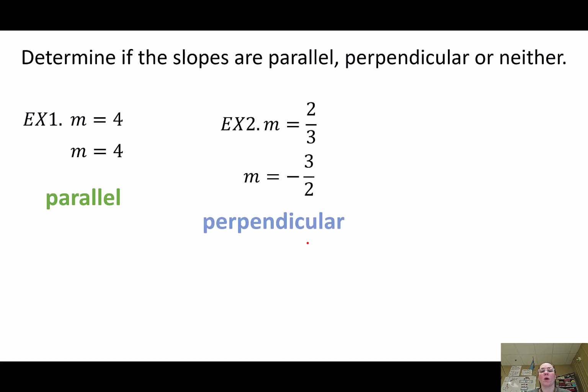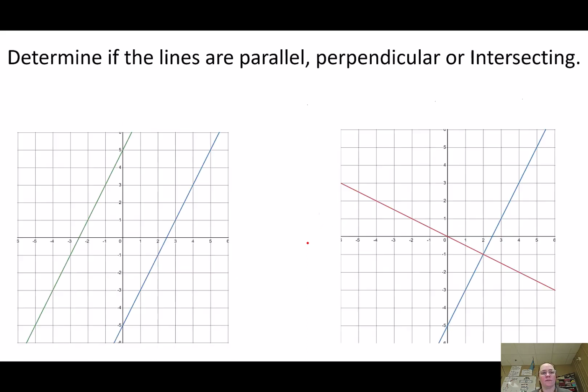So they are perpendicular. Okay, finally, I've got 4/3 and 3/4. Now, my fraction is flipped, but they are not opposite signs. So these are neither parallel nor perpendicular.